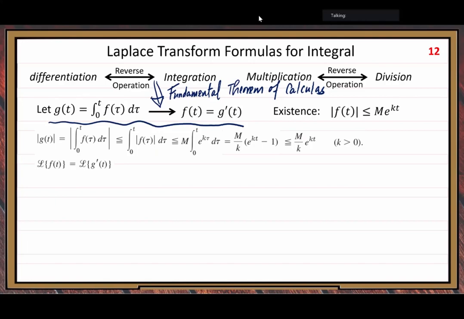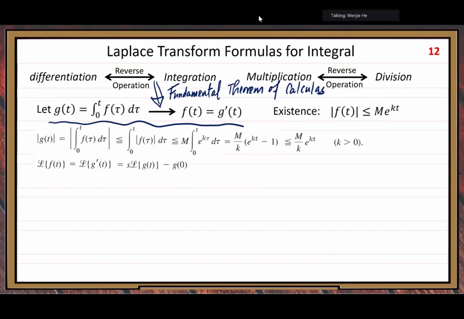Because our goal is to get the Laplace transform of the integral, but we use the derivative formula as the bridge to help us find that integral formula.